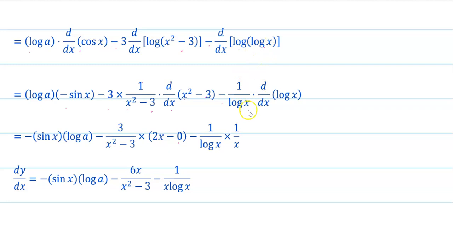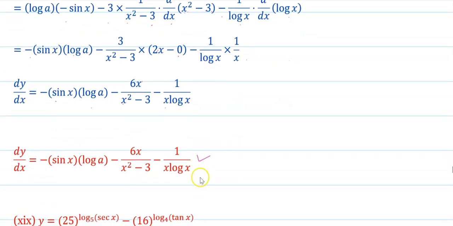It is 1 upon log x into d/dx of log x, which is 1 upon x. And hence dy by dx is equal to minus sin x into log a as it is. Next simplification, 3 into 2x means 6x upon (x square minus 3). Next simplification, 1 upon x into log x, and hence the answer.